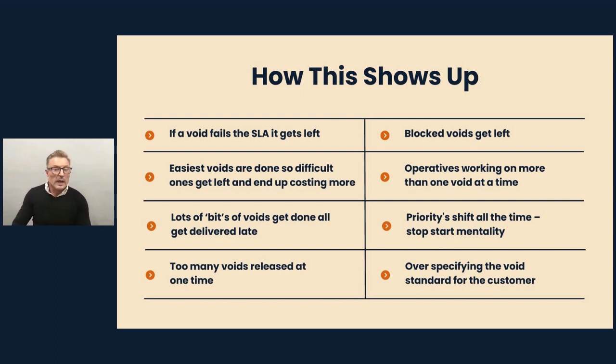As long as we do 80% within the SLA and the other 20% fall out, well, they get left. And actually, they're the difficult ones. So what we tend to see is, because we're trying to keep the operatives busy, they're focusing on the easy ones to hit the numbers, to hit the SLAs. The difficult ones get left, and that means it ends up costing more.